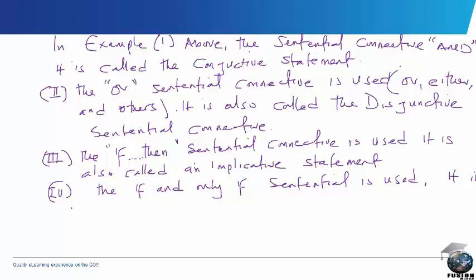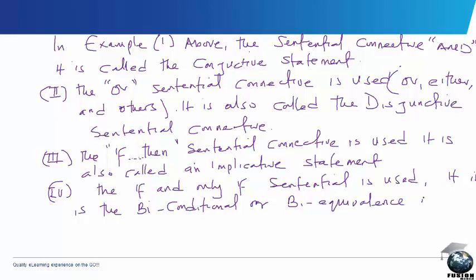Okay, it is also called the bi-conditional or bi-equivalence, or you can as well call it the bi-implicative statement.